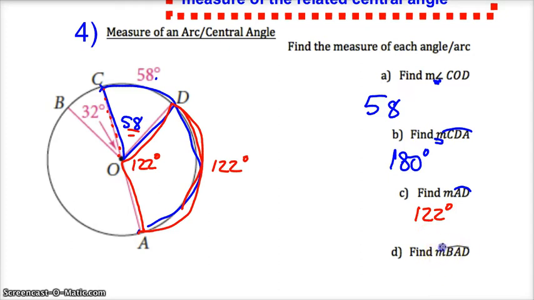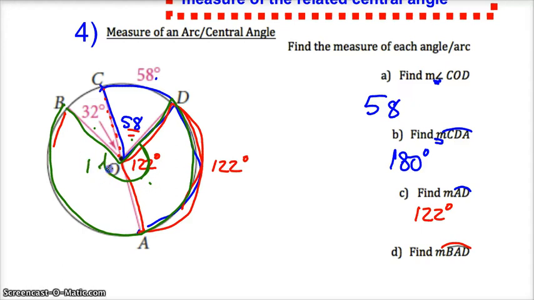Lastly, find the measure of arc BAD. So it's this whole spot right here. So we really need to figure out this entire angle. Well, we know that circles are 360, so that was 32, that one's 58, that one's 122.